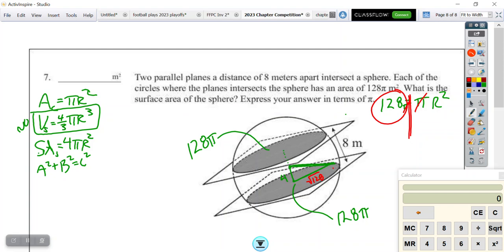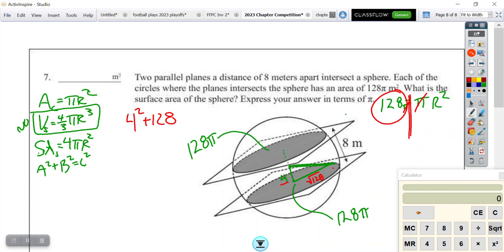All right, so here we go. We can plug in 4 for A. We can plug in 128 for B squared, and then we can find C squared. That doesn't sound too bad. So we have 4 squared plus 128.